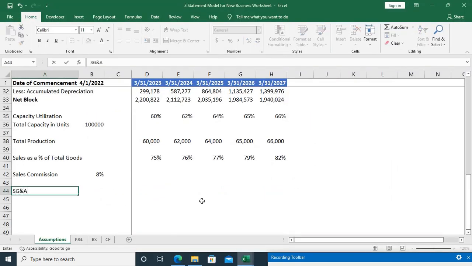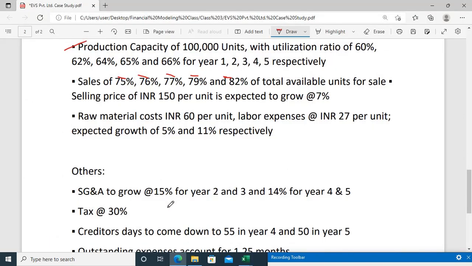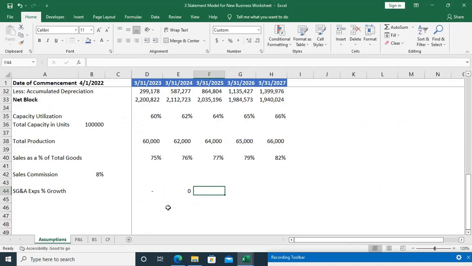SG&A expenses percentage growth. And what was the percentage growth? First year it was 0, second year, third year 15%, then 14%, then 14%. These are all year on year growth.